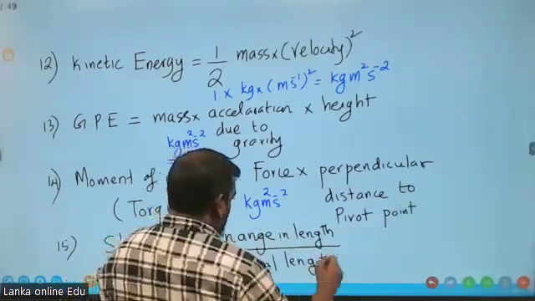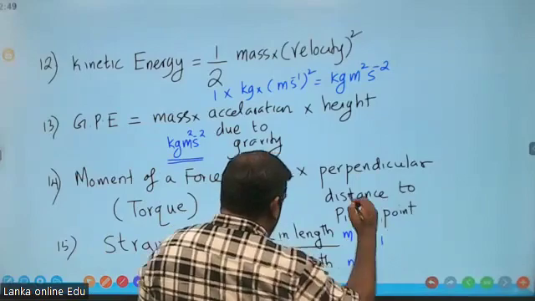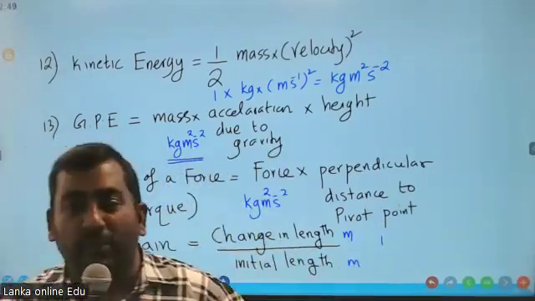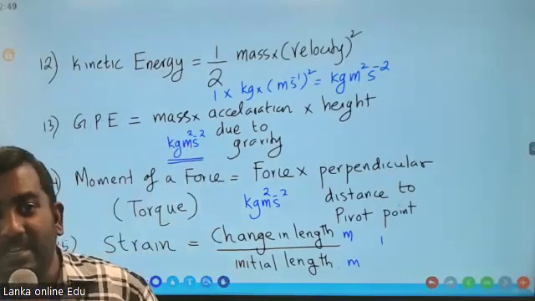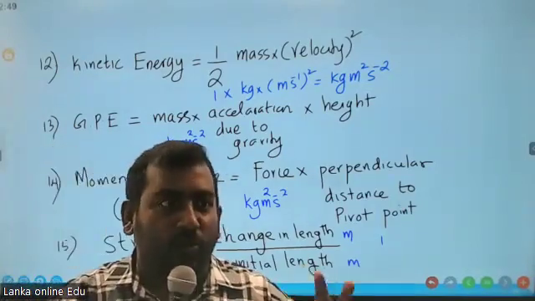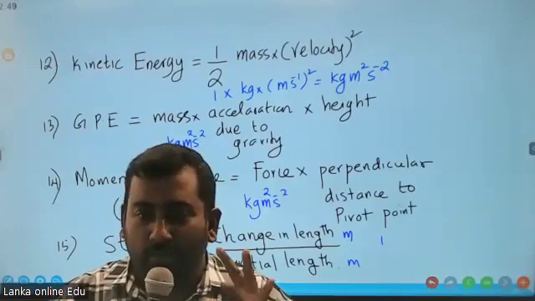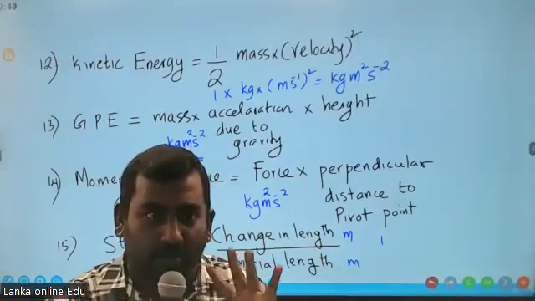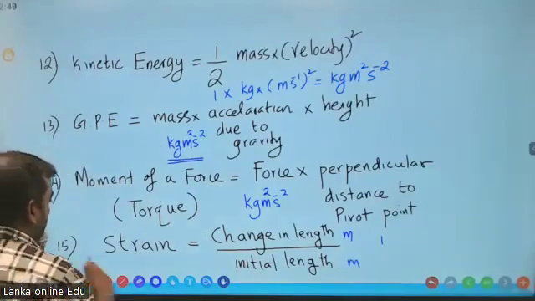So unitless. If you want put meter, meter, then that's equal to 1. Unitless. So how many special notes I gave you all? 1 special note. Value constants are what? Unitless. Unitless means equal to how much? 1.